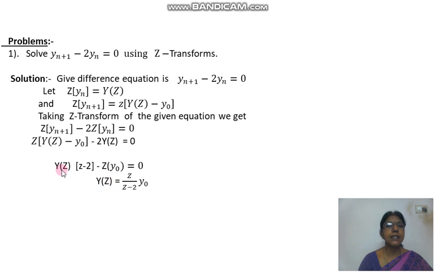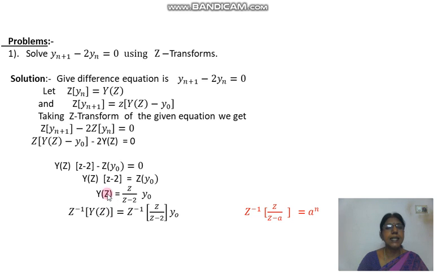It can be written as y of z into z minus 2 is equal to z y naught, as the minus term comes to this side. We need only y of z, so bring the RHS over. You get y of z is equal to z into y naught by z minus 2.